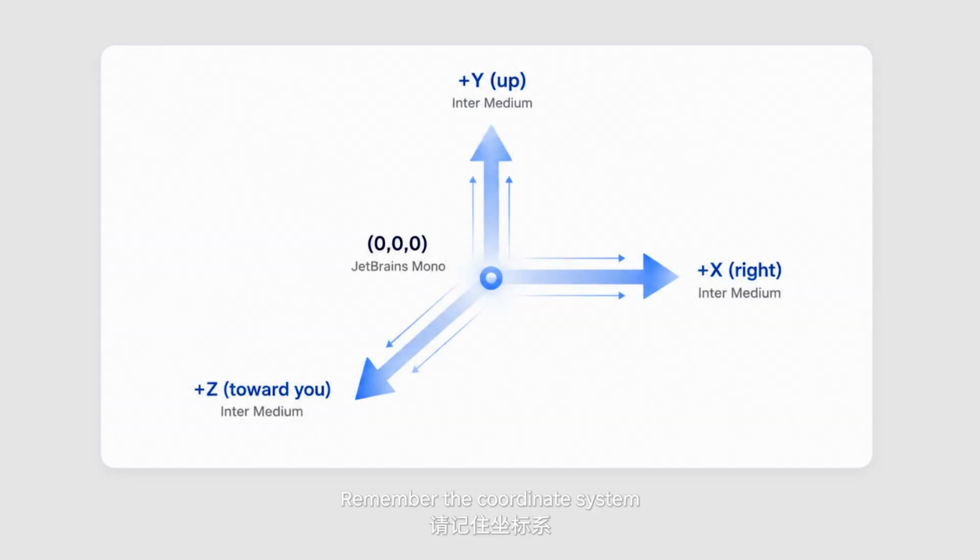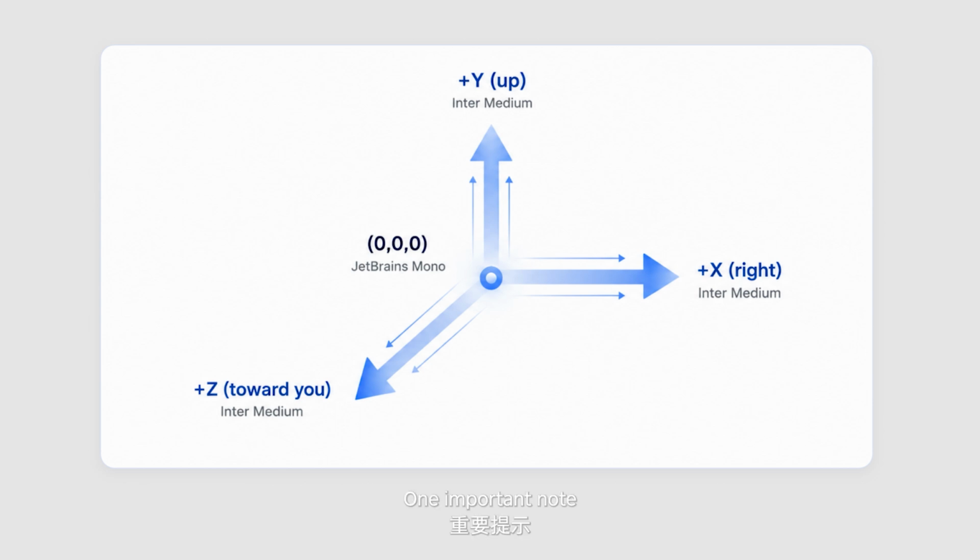Remember, the coordinate system: positive y is up, positive x is right, positive z is towards you. Units are in meters for position and radians for rotation. The origin is the center of your canvas.